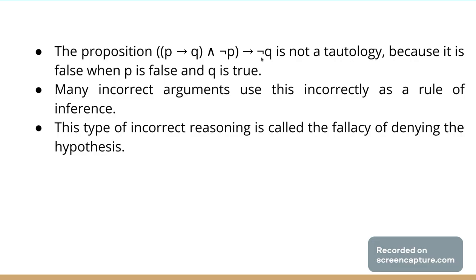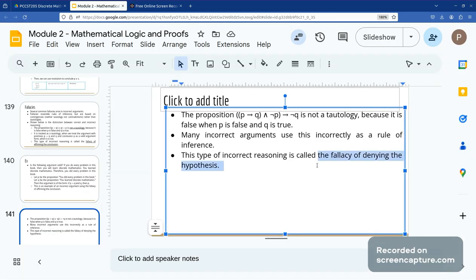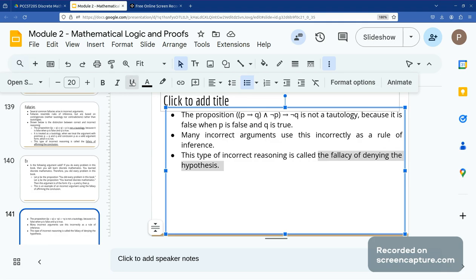So that means it is a fallacy. And this kind of fallacy is called the fallacy of denying the hypothesis. So it is an incorrect argument form.